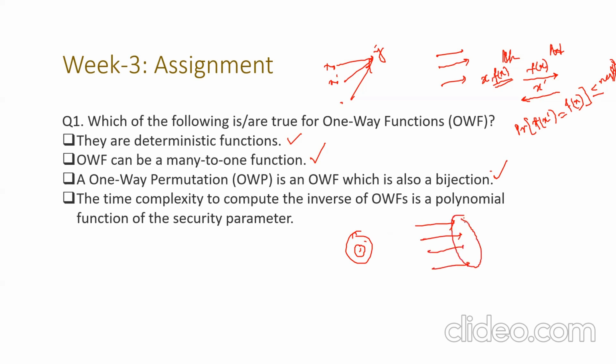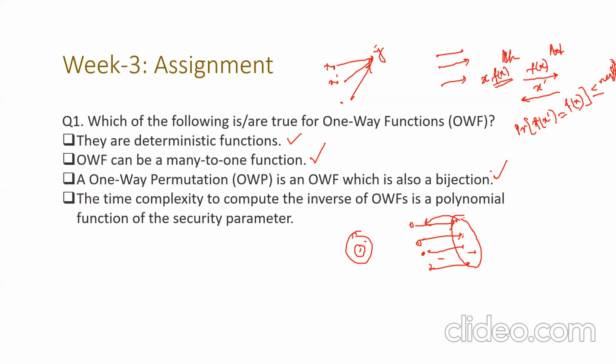All the elements of the range have a valid pre-image in the domain of the function. There is no element that does not have any pre-image, right? So one-to-one and onto mapping is a permutation, right? So this is true.